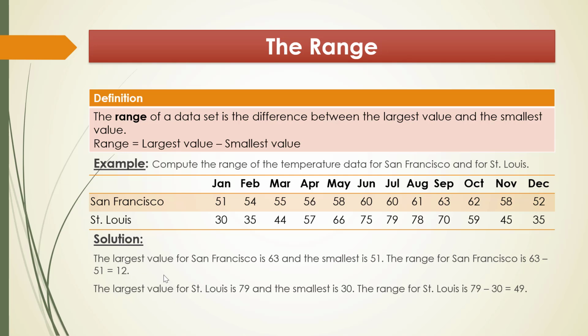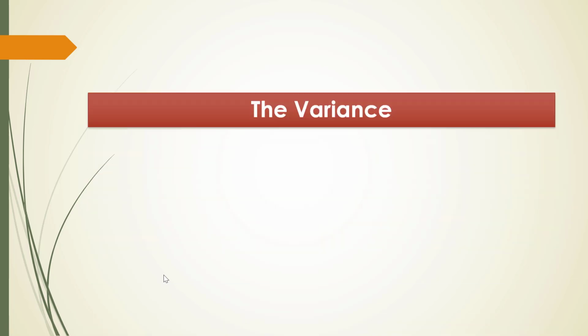So any number between them does not contribute to the range. In some cases, the range is not a good way to measure the spread, and we prefer using the variance. So second, the variance.